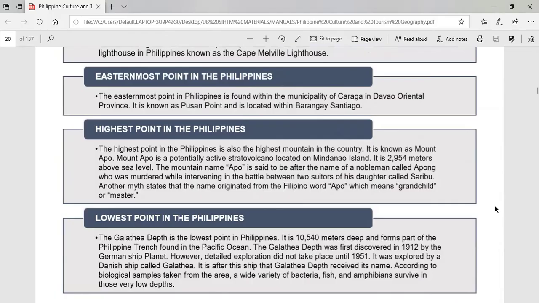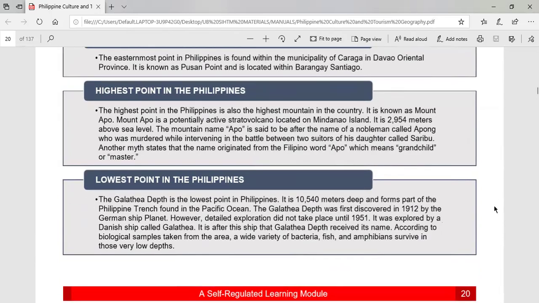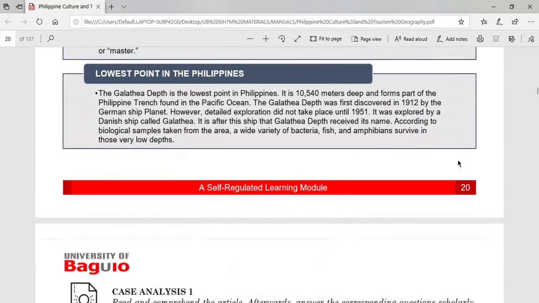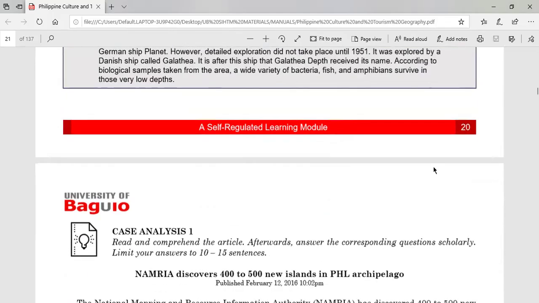It was explored by a Danish ship called Galatea, that's why it's named after it. According to biological samples taken from the sea, a wide variety of bacteria, fish, and amphibians survive at those very low depths. It's very interesting. Sometimes we get curious what's inside the very deep depths of the ocean, and until now, it's a mystery.